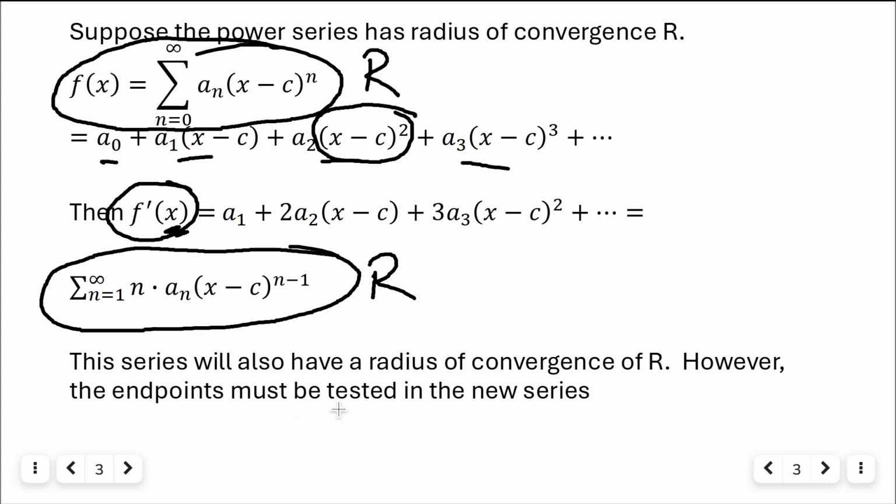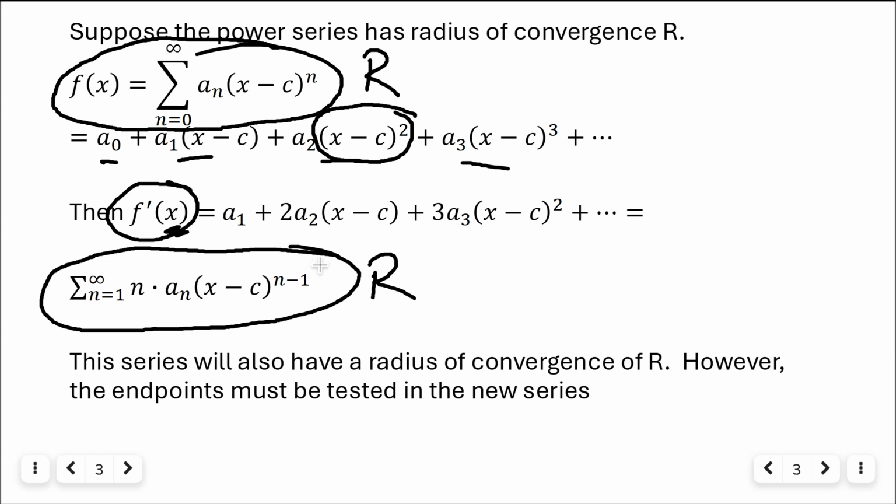The endpoints in the interval of convergence have to be retested in the derivative series to determine whether or not they converge or diverge. Only the radius of convergence is guaranteed to be the same. The interval of convergence will be the same up to potentially the endpoints, which could be different.